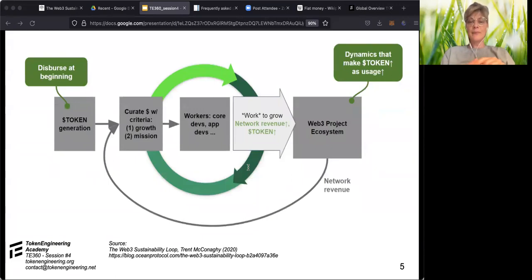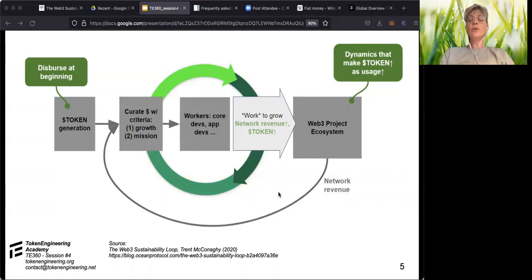Second step, now Trent elaborates on revenue generation in a project ecosystem, and that's the first important difference here. I quote him again. He asks, can we do better than this previous product revenue? Taking a cue from businesses and nations, the Web3 model introduces revenue generation at the bottom right.